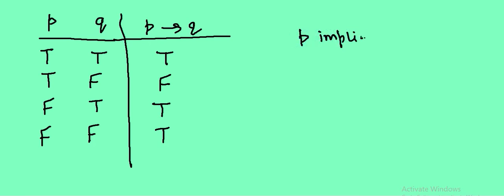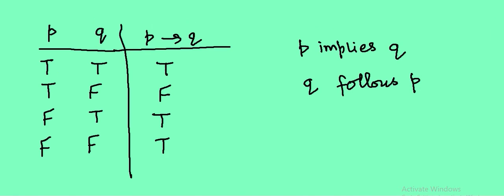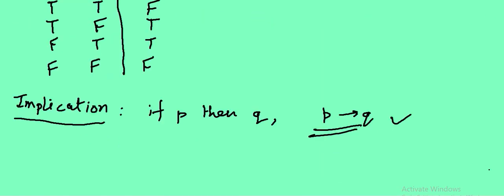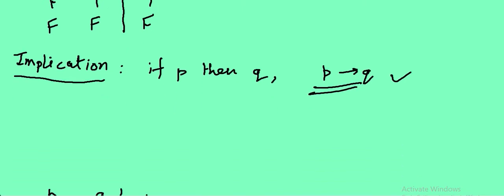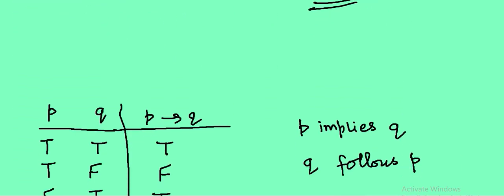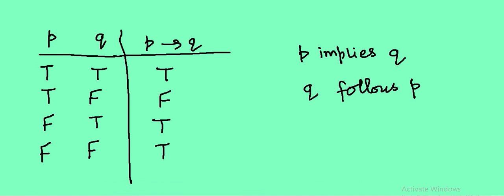Okay, so let's try to understand again that Q follows P. Q follows P, or P implies Q, or if P then Q, all are the same.